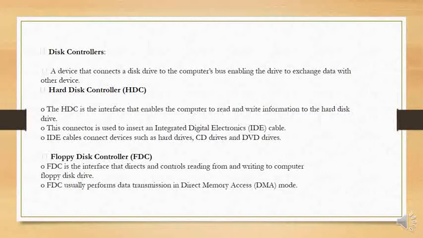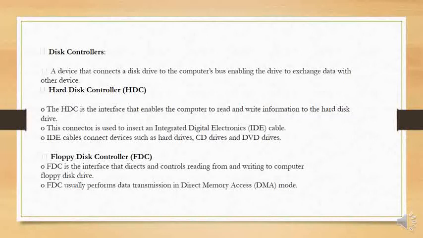Here, a disk controller is a device which connects disk drives to the computer's bus. Last class we studied what a bus is. A bus is a group of wires which transfers data and instructions from one unit to another, or from one component to another. Here the disk drive is something like a memory.